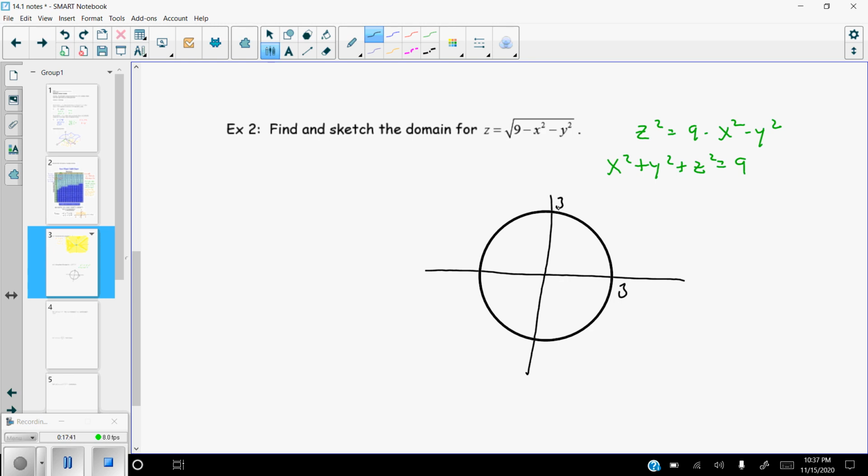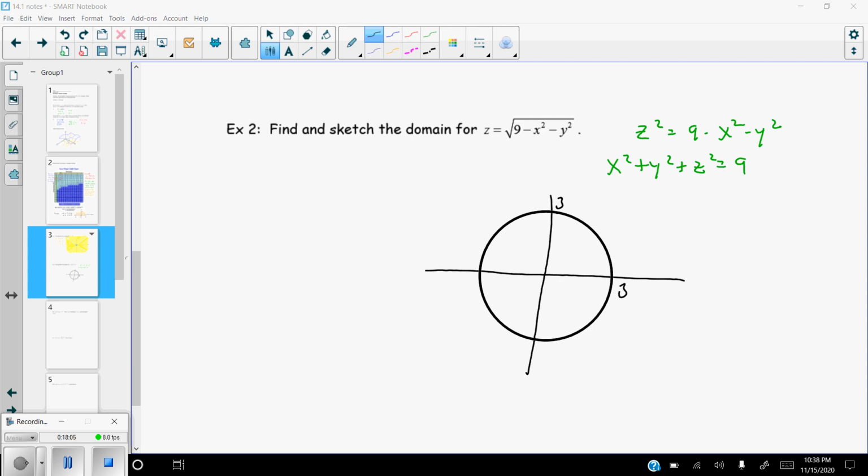Okay. So the domain for this thing, well, let's see. It says z equals the square root of 9 minus x squared minus y squared. So if you remember, basically, whatever's underneath the square root can't be less than 0.